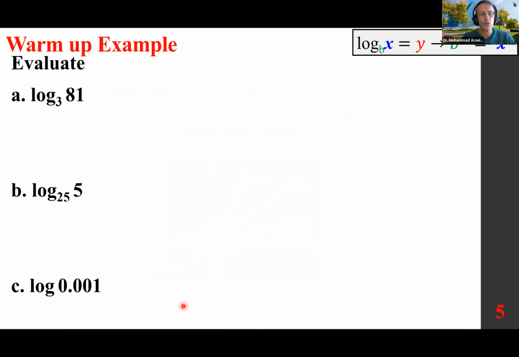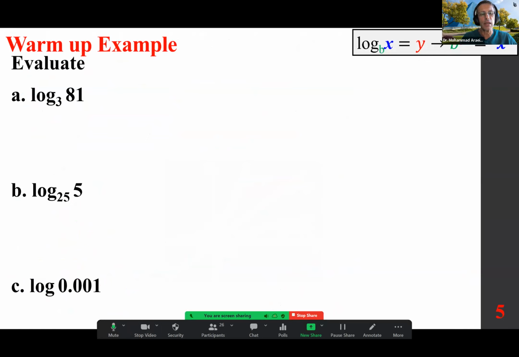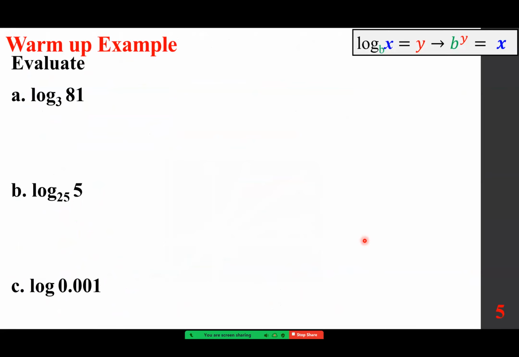I want to refresh your memory about these basics, and so we are going to go over some of the questions we've seen in elementary algebra and intermediate algebra. So log 81 base 3, we want to figure out several ways of looking at it. First of all, you notice this is 4 because you know 3 to the power of 4 is 81. If you go this route, it's absolutely fine.